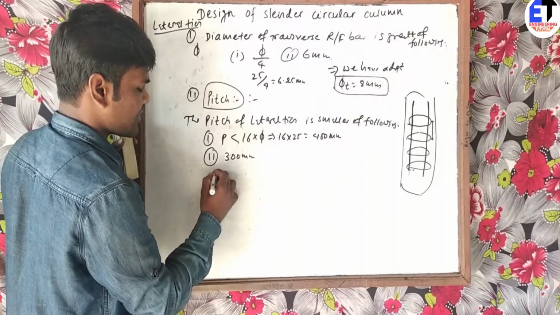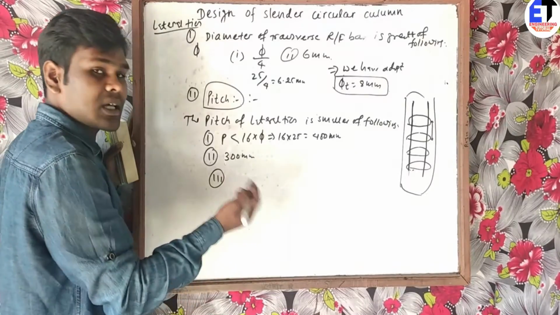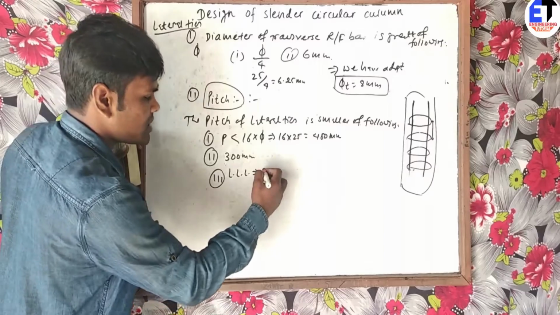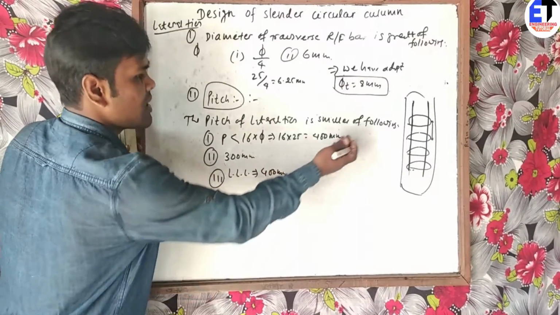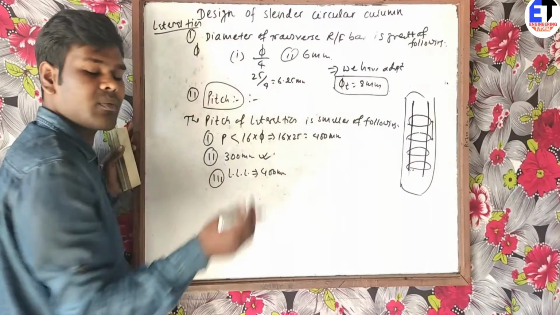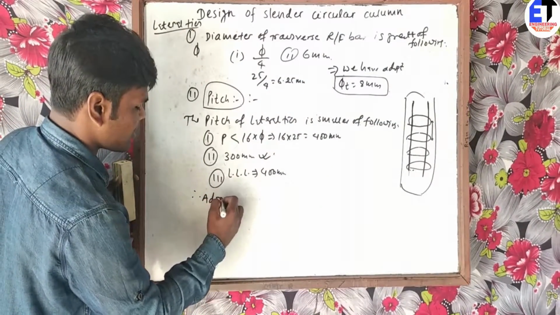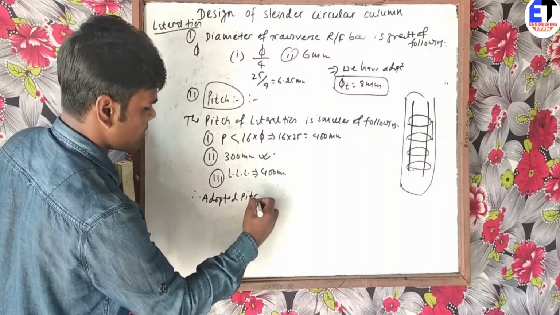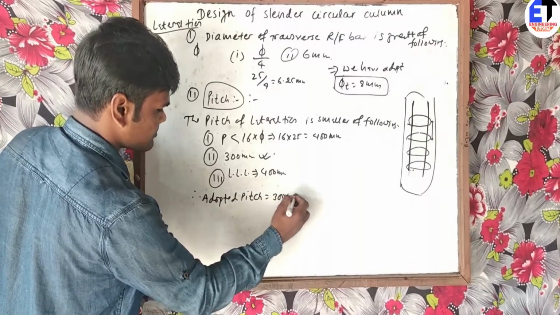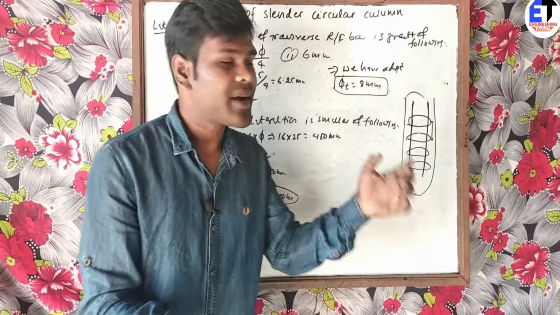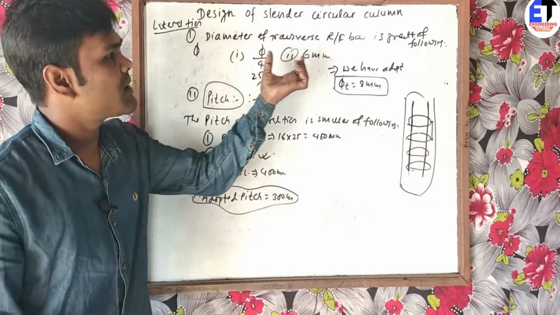And in the third case, pitch should be less than the least lateral dimension. The least lateral dimension means the diameter of the circular column, which is 400 mm. Here the smaller value is 300 mm. So our adopted pitch is 300 mm.